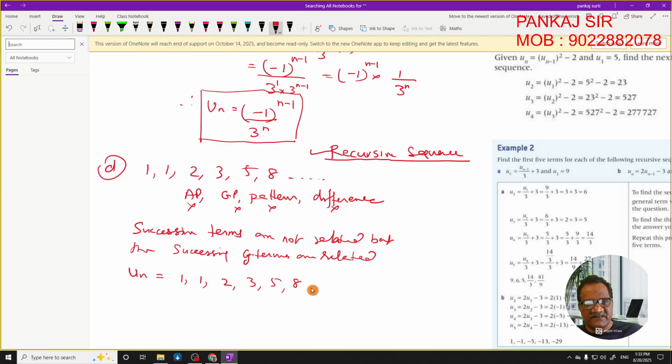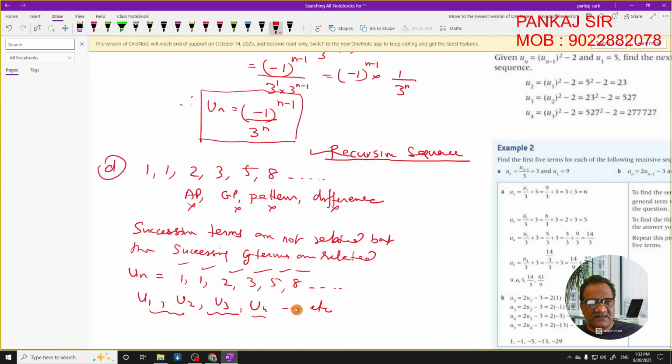This is a sequence. These are known as the terms. These terms are in no way related. There's no relationship, no pattern between the terms. But if you find U1, U2, U3, U4, etc., then you will find that there is some relationship between these.